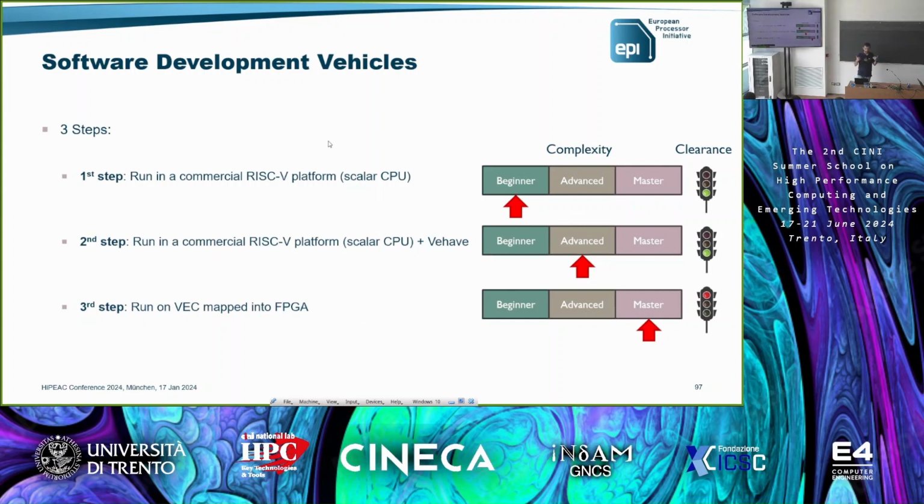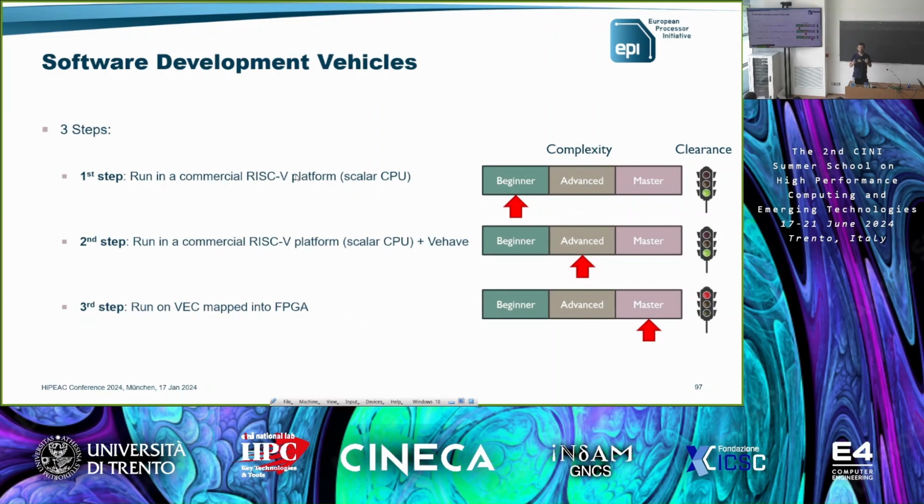The idea that we propose is to follow 3 steps. First, you run on your commercial RISC-V platform, scalar only. You say, well, Filippo, come on, you're selling us the vector, and you just do scalar only.